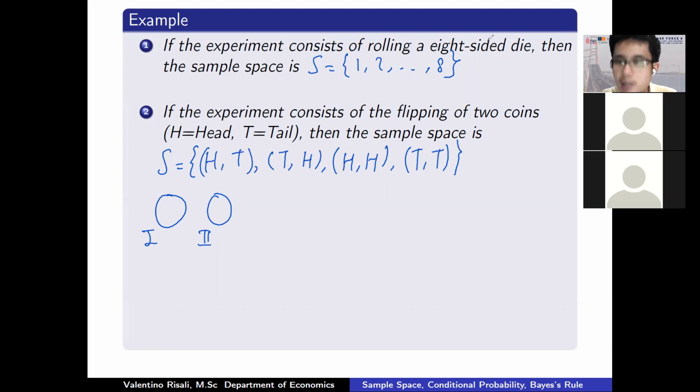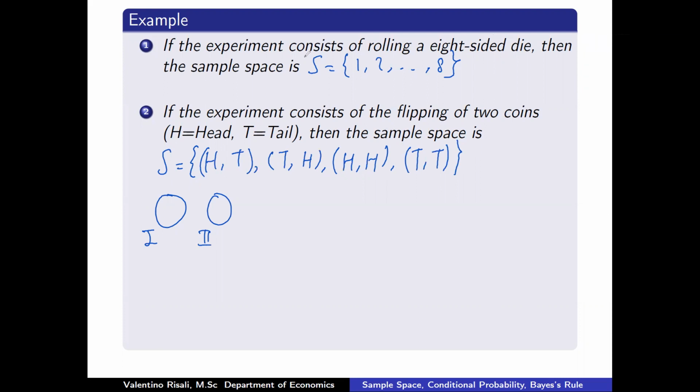Okay, thank you. And we must note that the first letter is from the first coin, and the second letter is from the second coin, and the order is important in this case.